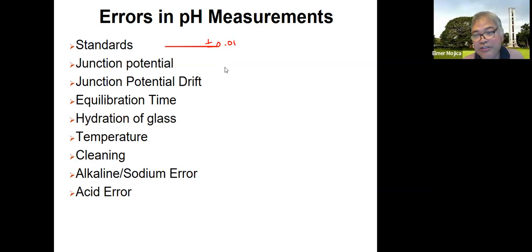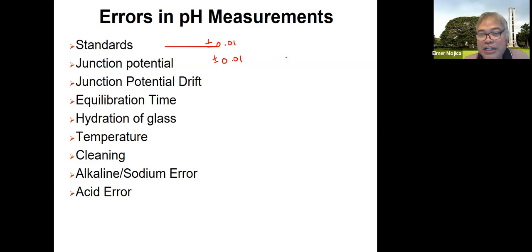Now in terms of the junction potential, if the ionic strength differs between the analyte and the standard buffer, the junction potential will differ, resulting in an error of plus or minus 0.01, not 1. So you might say it's so small, right?